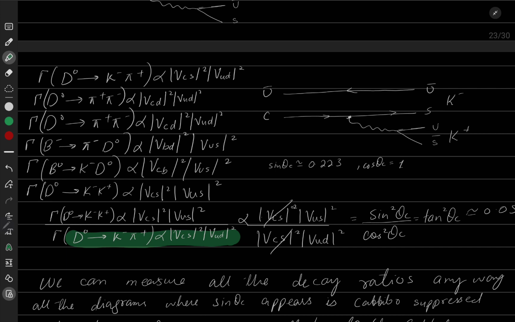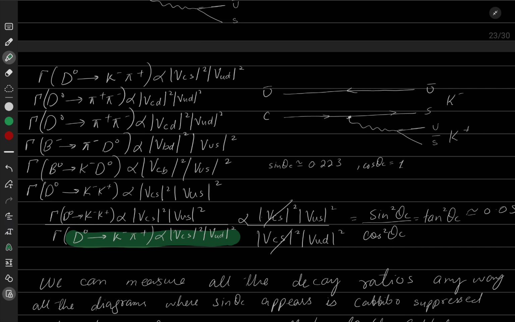So we can cancel out the VCS with the VCS, and eventually we get VUS and VUD. VUS is proportional to sine of theta C, because it is across the generation. It is the coupling between the first generation and the second generation.